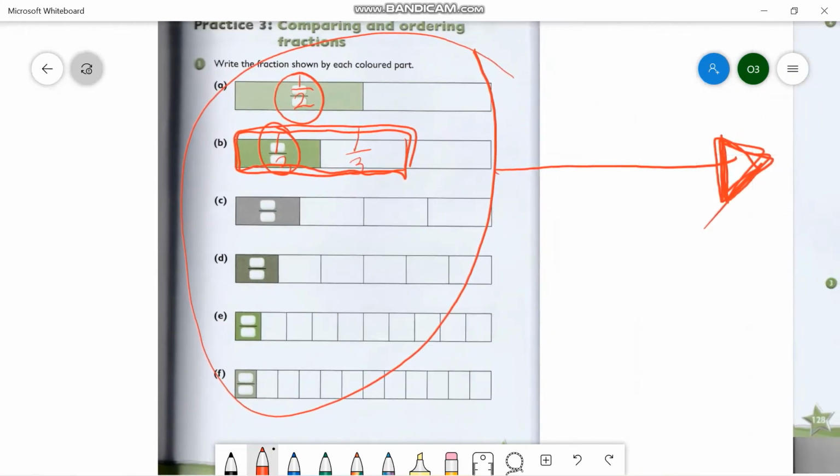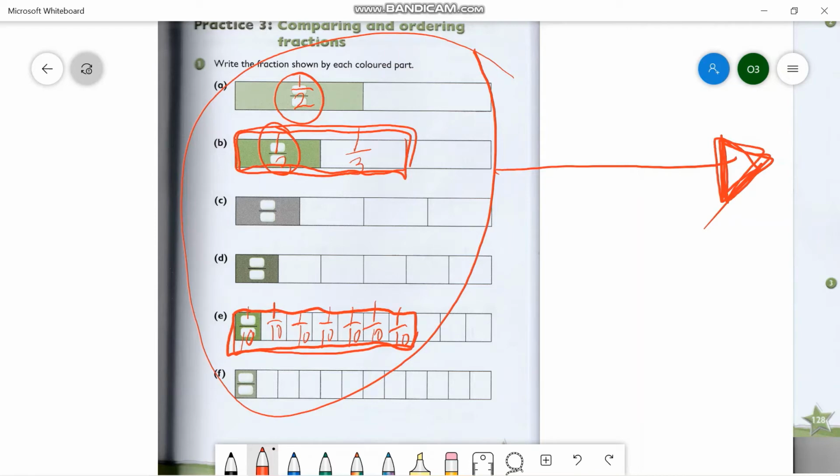Okay, 7/10. Where is 7/10? Okay, so here is 1/10, 1/10, 1/10, 1/10, 1/10. 1, 2, 3, 4, 5, 6, 7. Okay, so this is 7/10. So which is greater?